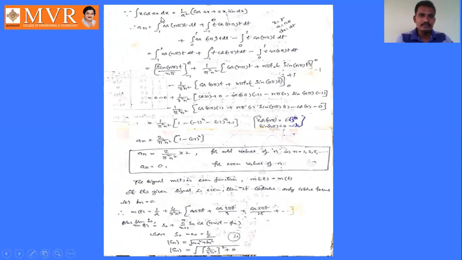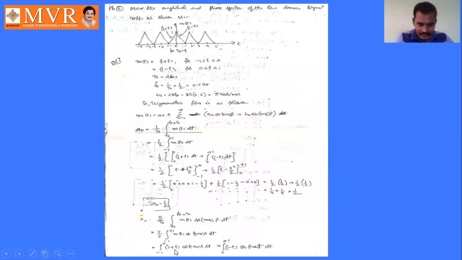So it is minus 1 to 0, and we can expand this as integral minus 1 to 0 cos n pi t dt plus integral minus 1 to 0 t cos n pi t dt. Here omega naught value is pi, that's why n pi t.